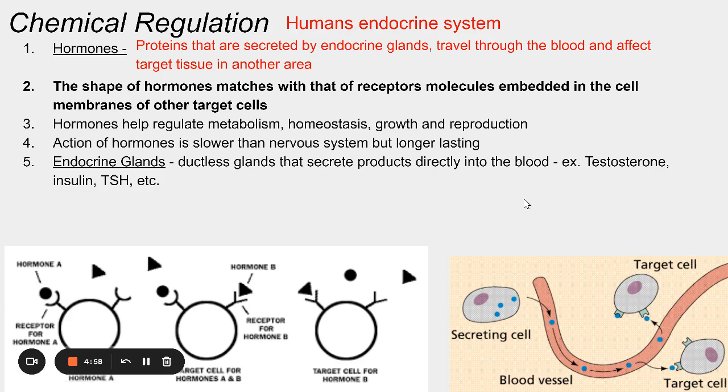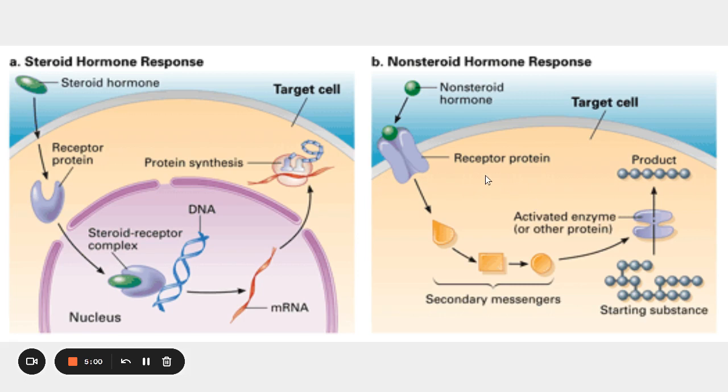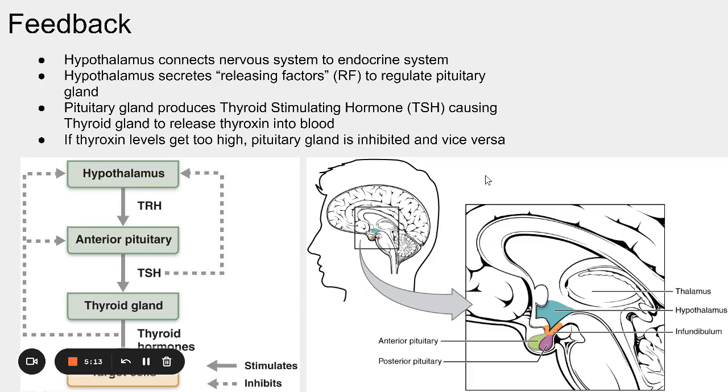Here's just another view. The way I've been talking about hormones is this way, that the hormone attaches to a receptor molecule, and then it causes some stuff to happen inside of the cells. And our hormones typically work on this feedback system that you guys studied when we talked about homeostasis.